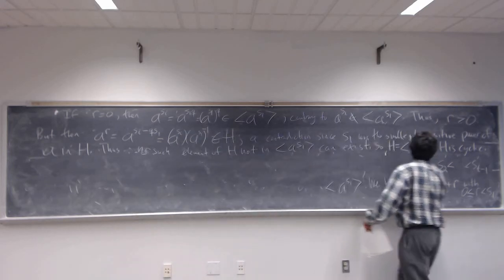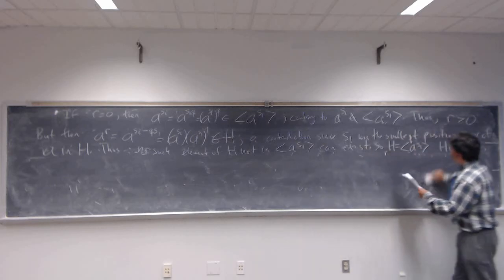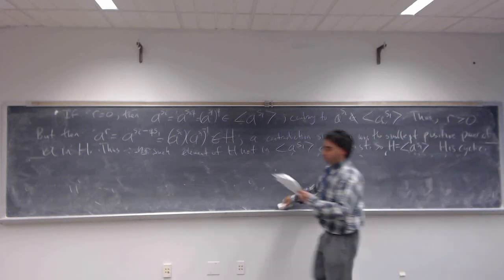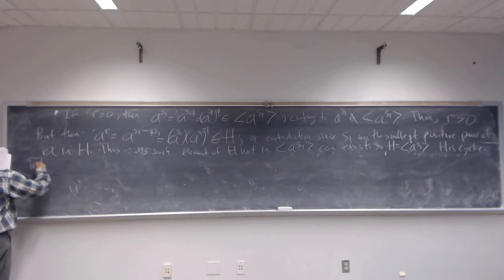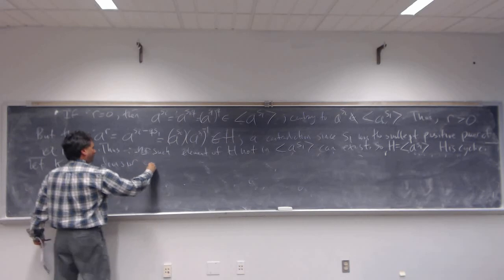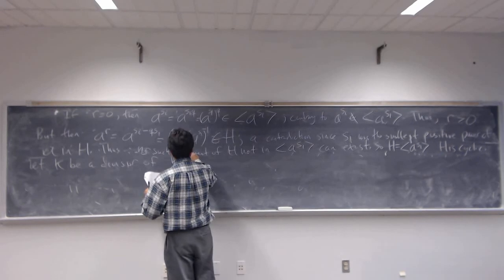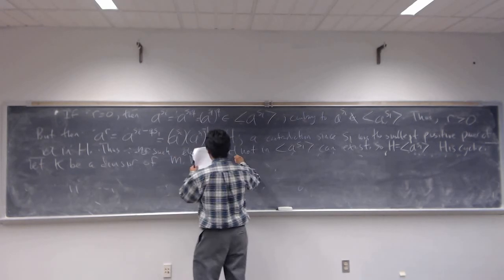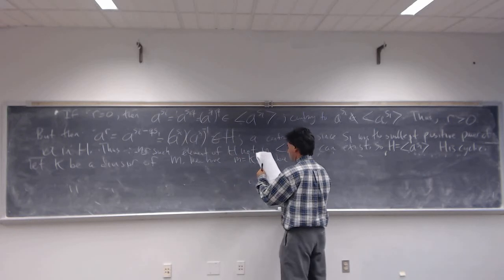Okay, so we've proven that every subgroup of a cyclic group is cyclic. Now let's prove the other part. Let K be a divisor of the order of G, which we have as M. So we have M equals KD, where D is an integer.